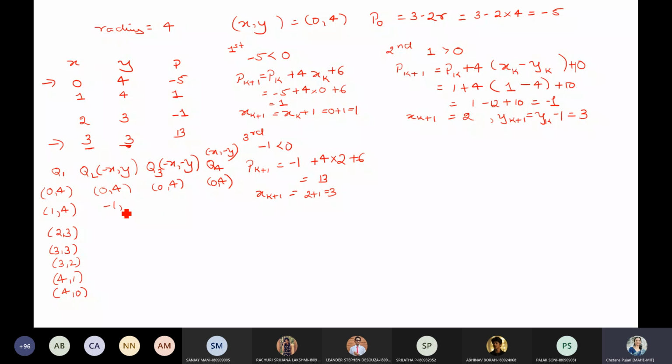So here, minus 1, 4, minus 2, 3, minus 3, 3, minus 3, 2, and minus 4, 0. In this case, both terms are minus: minus 3, minus 3, minus 3, minus 2, minus 4, 0. And in this case, your y is negative.